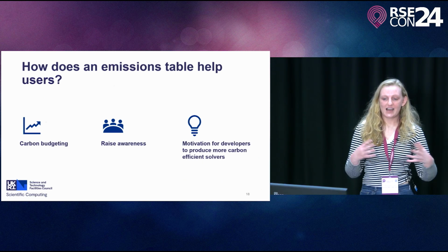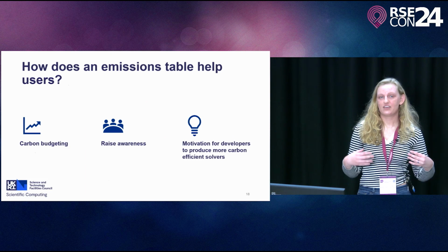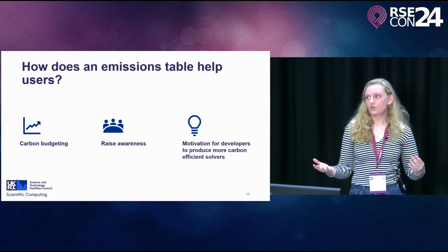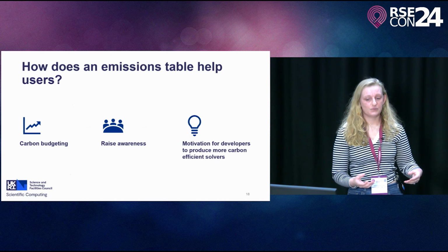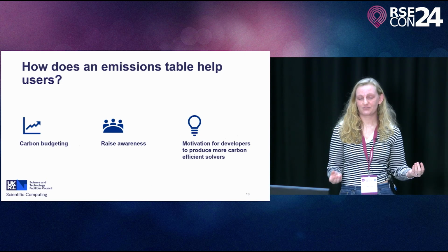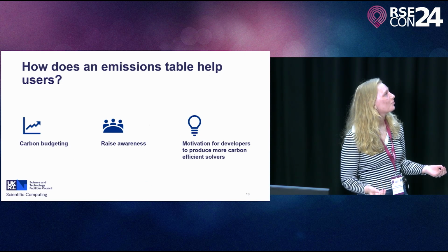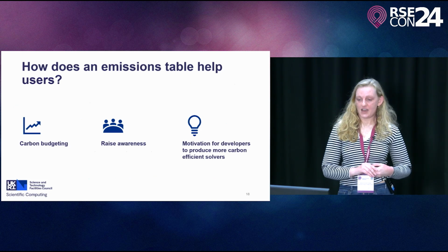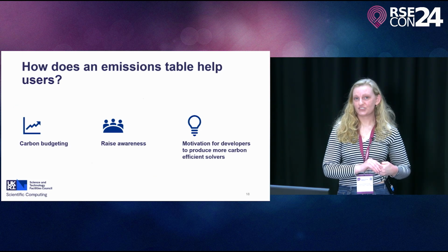So having software that tracks and reports carbon usage to users is useful for people to have a better idea of what they're actually using carbon-wise when running their software. It's also good for generally raising awareness.